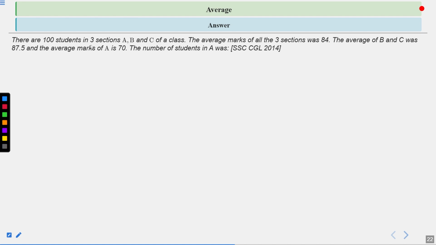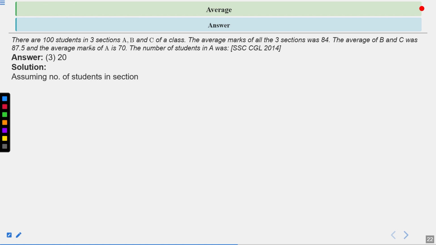The average of B and C was 87.5 and the average mark of A is 70. So we need to calculate the number of students in A. The correct answer of this question is the third one, which is 20. Now see the detailed solution of this question.